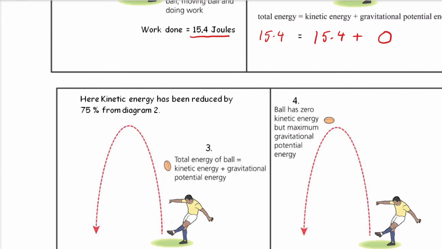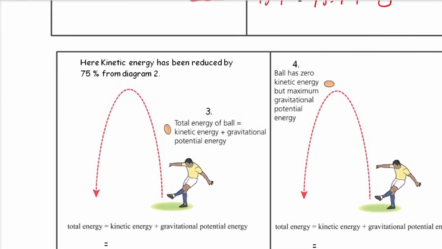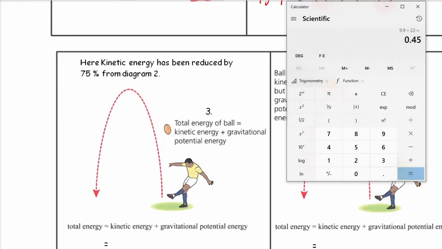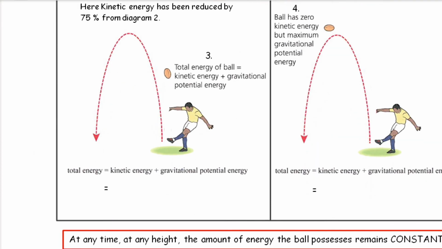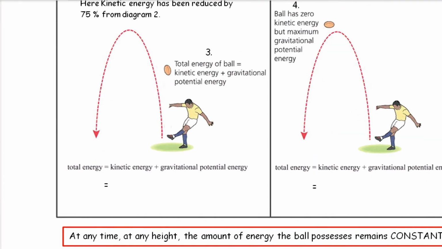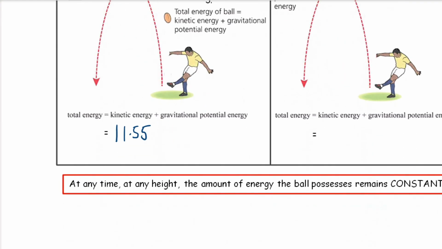Okay, and I have to work out what 75% of 15.4 is. The easiest way to do that is just put in 15.4 and multiply by 0.75. That's 11.55. So what we've got then is 11.55 kinetic energy.